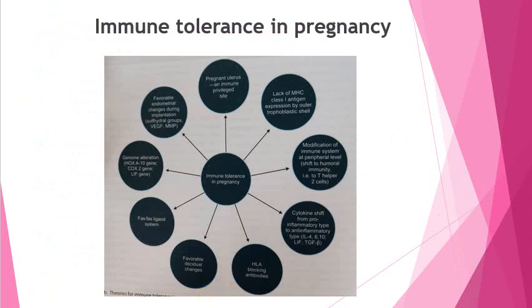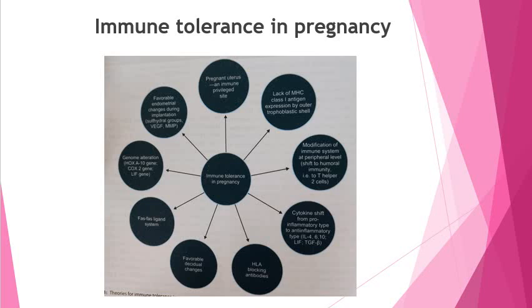Let us summarize some of them. The pregnant uterus is considered to be an immune privileged site. So what are the various protective mechanisms? There is a lack of major histocompatibility complex class 1 antigen expression by trophoblastic cells. There is a modification of the immune system at the peripheral level, that is, a shift to humoral immunity, the Th2 cells, and a cytokine shift from the pro-inflammatory to the anti-inflammatory type.